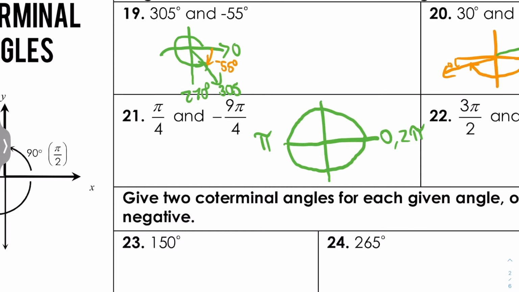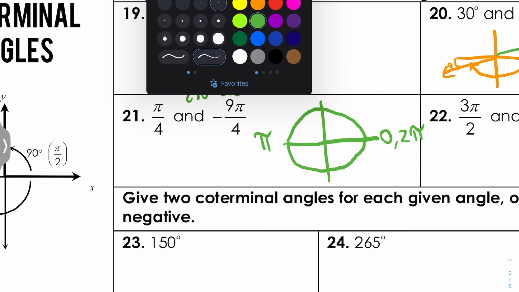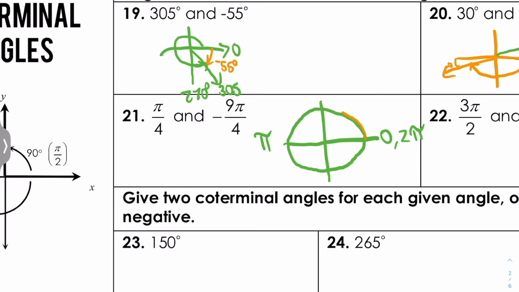Going straight up is halfway from 0 and pi. So straight up is called pi over 2. They want us to do pi over 4, so that means they want us to cut this first quadrant in half, and that's pi over 4, because it's 1/4 of the way of half of a circle, which would be pi.